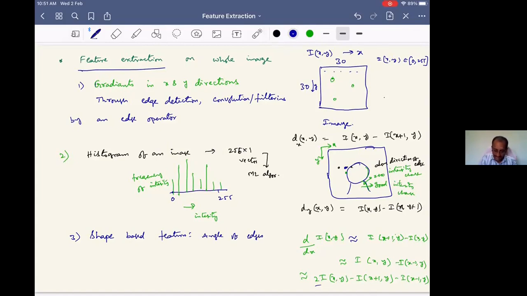What I have mentioned is the angle of gradient. Angle or orientation, right? Or angle of gradient. This leads to the histogram of orientation gradients.